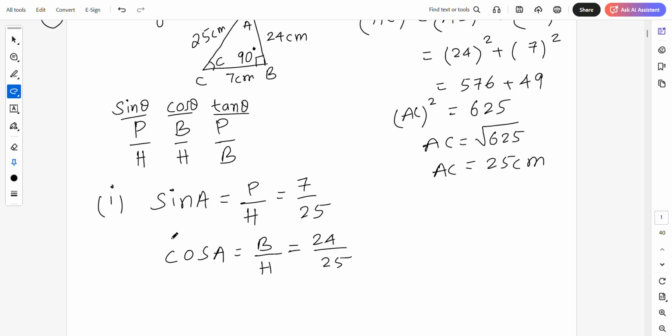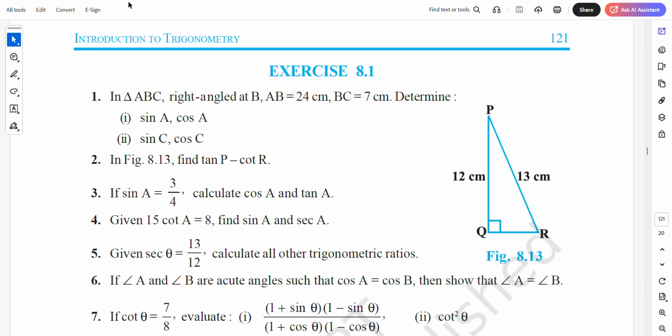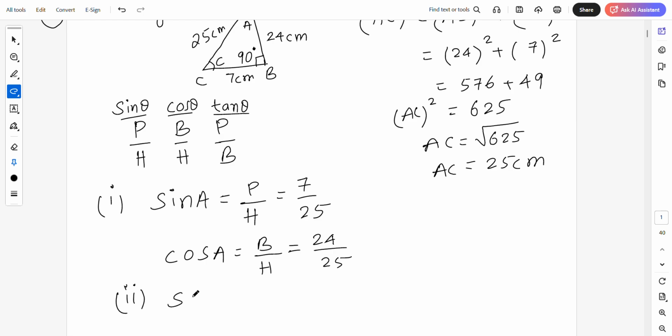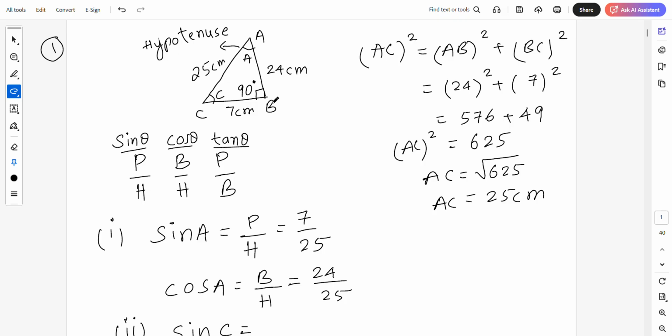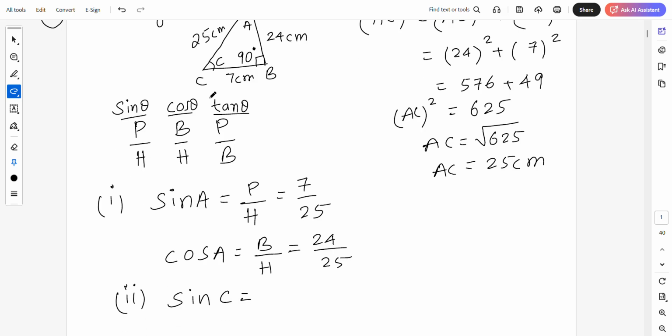Now let us calculate the second one. In second they are asking us to calculate sin C and cos C. Sin C is equal to again perpendicular by hypotenuse. Perpendicular for angle C is 24, divided by 25. Hope you understood. Sin C is 24 by 25.